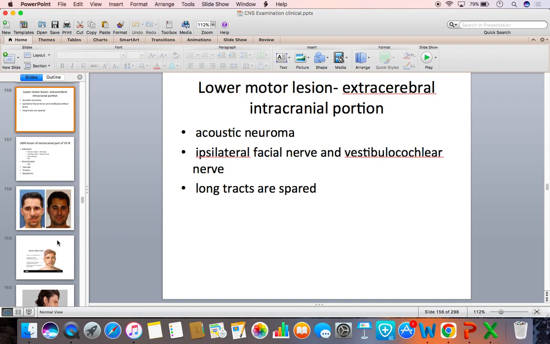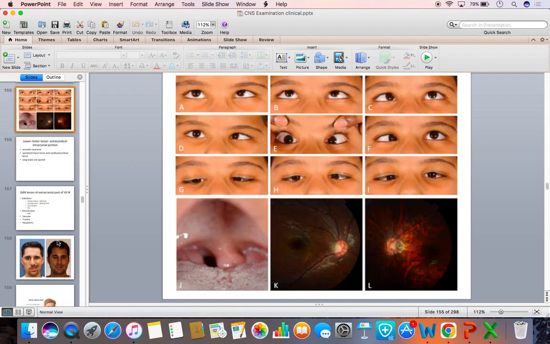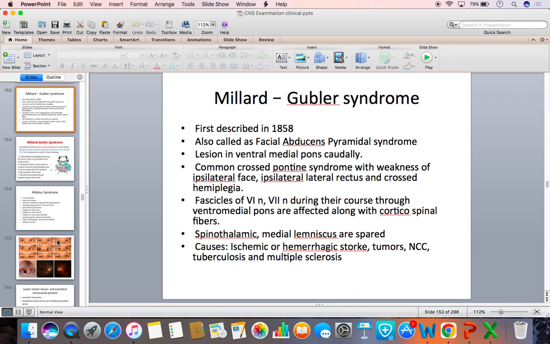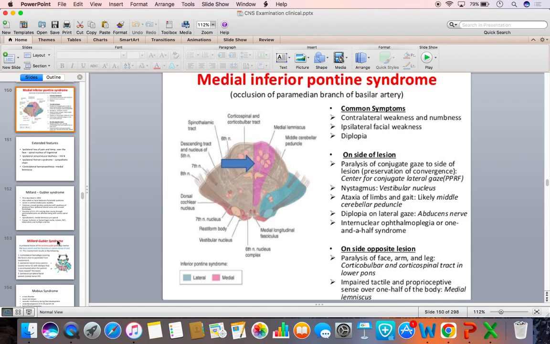This is to differentiate from the ventral pontine syndromes, like the Millard-Gubler syndrome. In Millard-Gubler syndrome, what is happening? There is involvement of the facial nerve and the sixth nerve, whereas in the extended Foville syndrome, there is facial nerve and the eighth nerve nuclei involved.